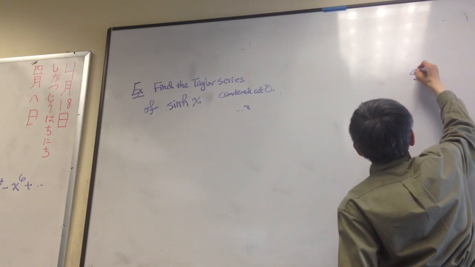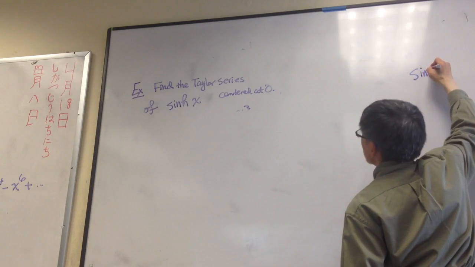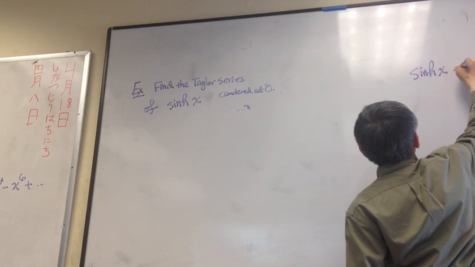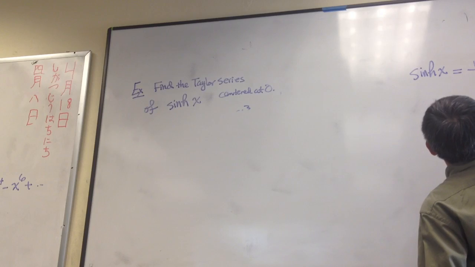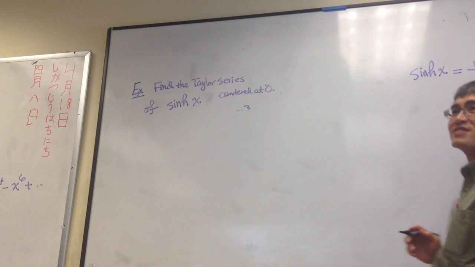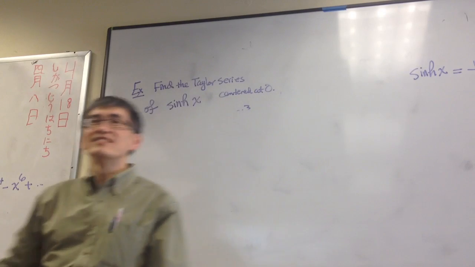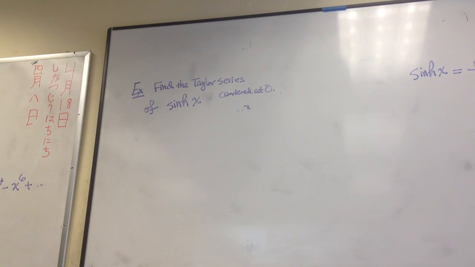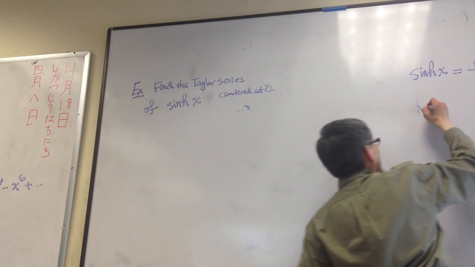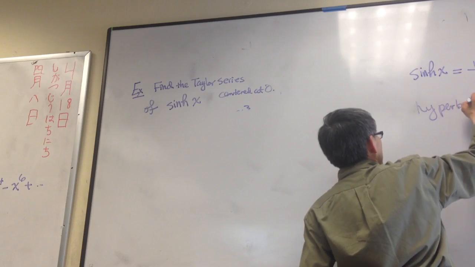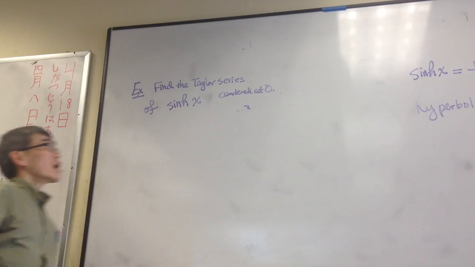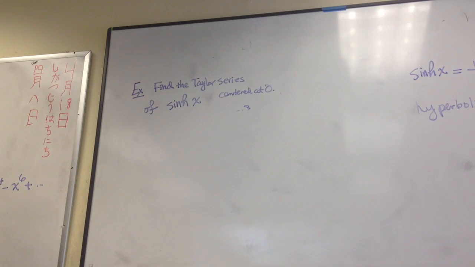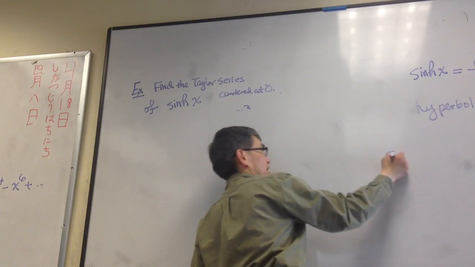At one point I'm going to make a brief introduction to it. But for now, just remember that this is e to the x minus e to the negative x, divided by 2. Okay? So that's the definition. That's called the hyperbolic sine function. Call it sinh as well. Actually, most of the time I'll simply write sh.